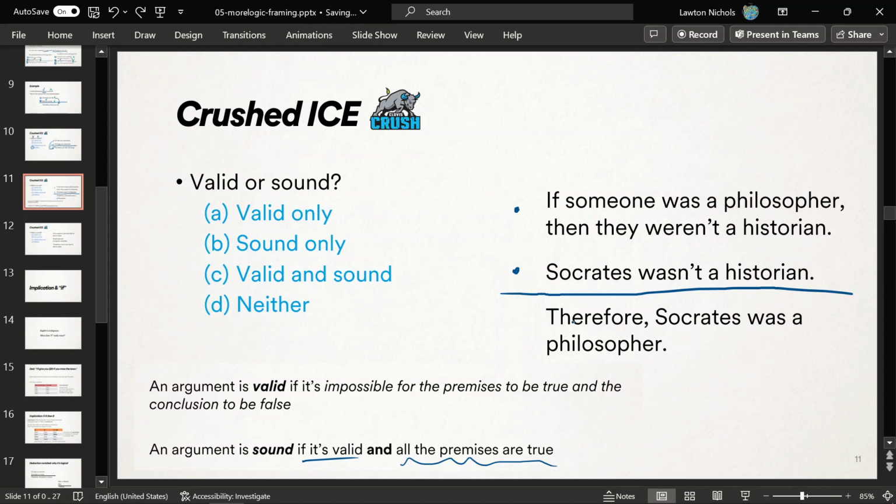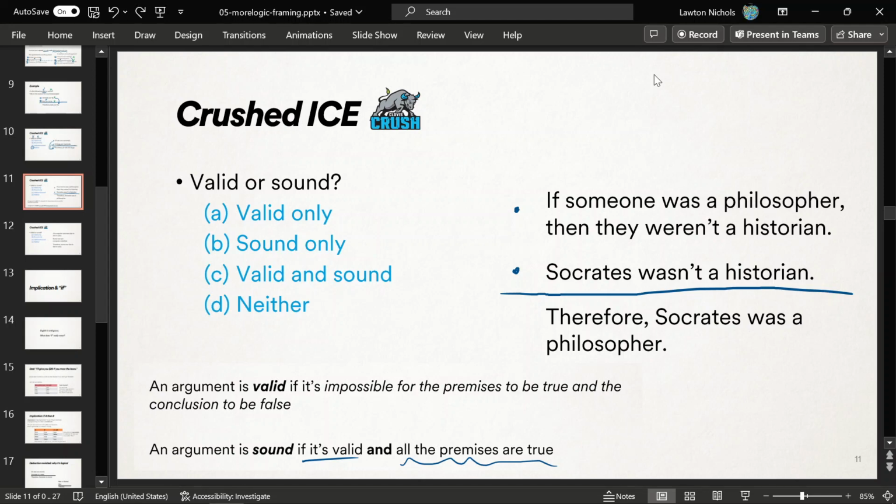All right, so there's some weird negations going on and things like that. The word no or not is in there in weird ways. Is it valid? Does the conclusion follow from those premises? Does that make sense? And then also, are those true premises? So give that a try and discuss.